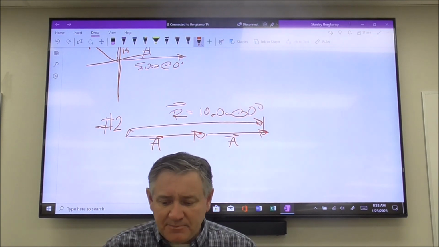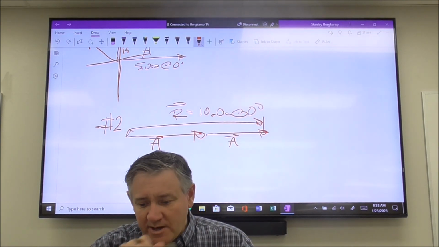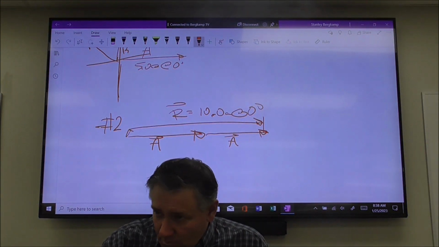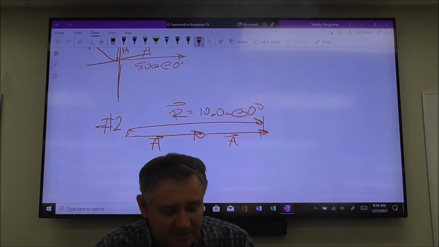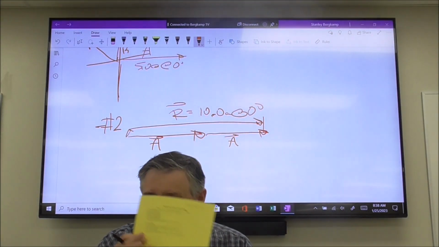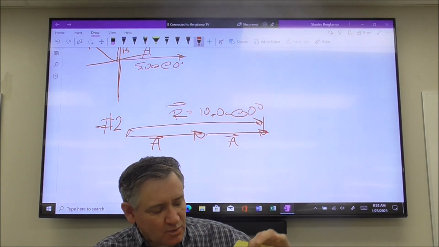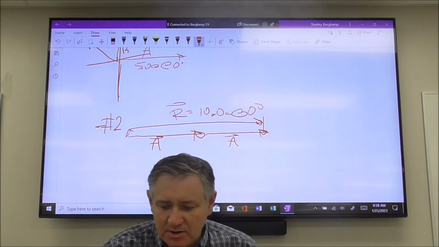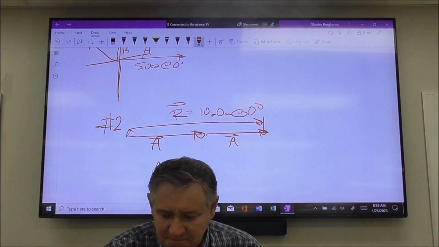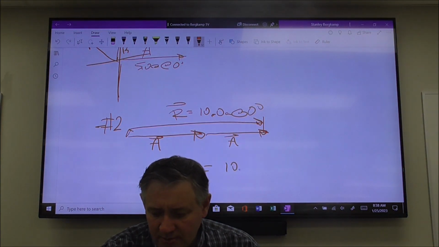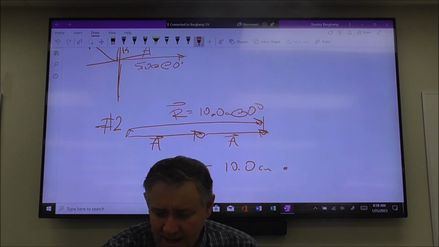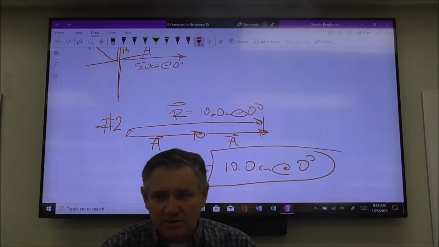On another sheet of paper, you're going to draw vector A, then draw the resultant. What I want written here is the value of the resultant. Where it says A plus A, you're going to write 10 centimeters at 0 degrees.